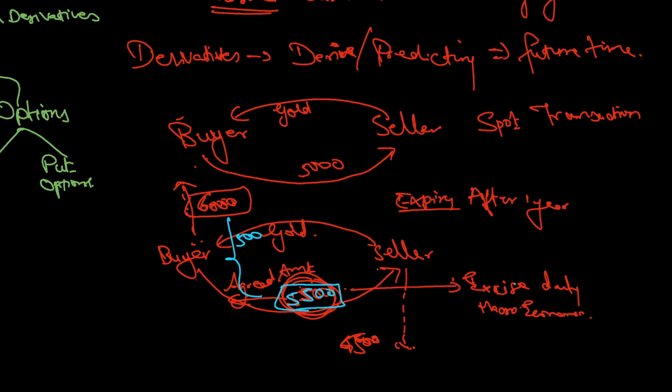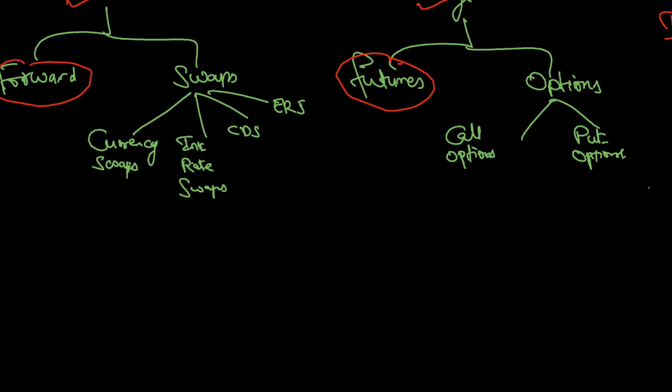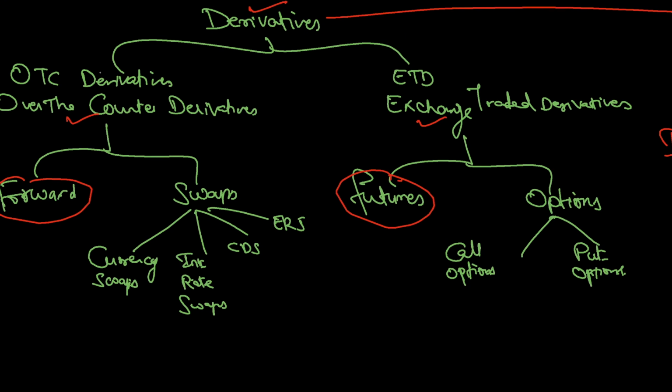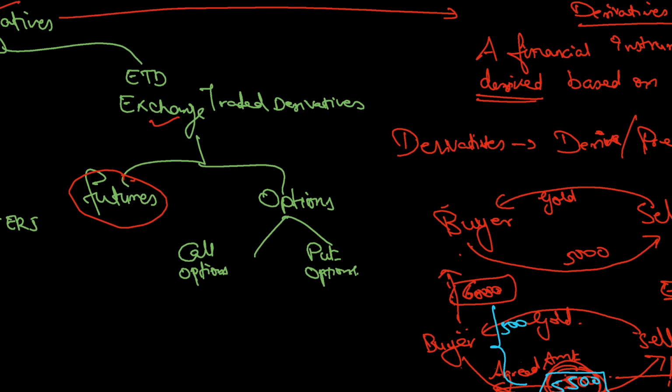If it is a derivative contract, what we have seen is there are two types of derivatives. One is over the counter derivatives, another one is exchange traded derivatives. So it has to be either over the counter or exchange traded. How will I differentiate now? That's simple. Exchange traded derivative means where exchange is involved.